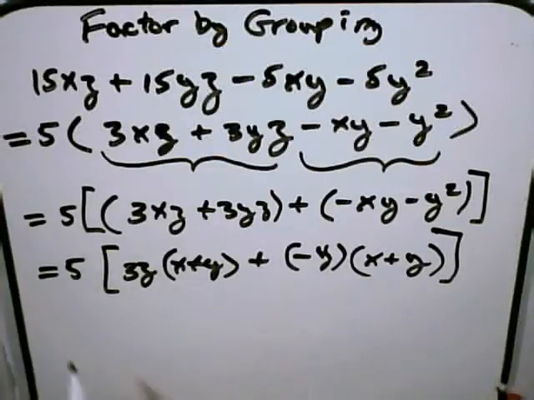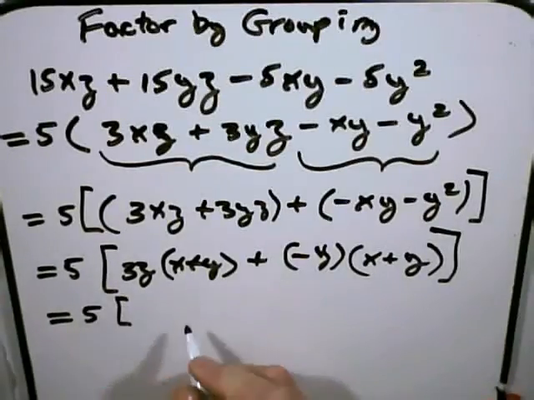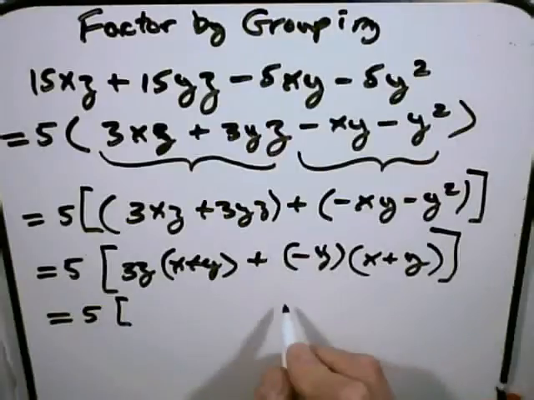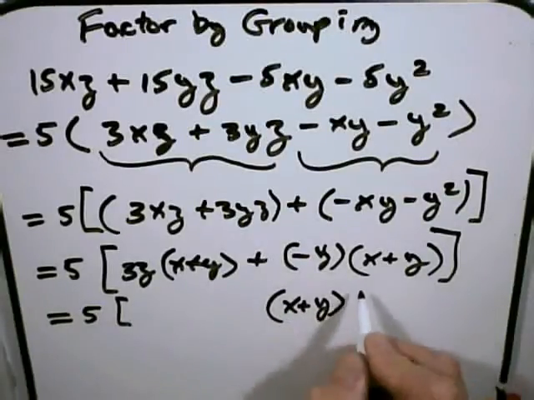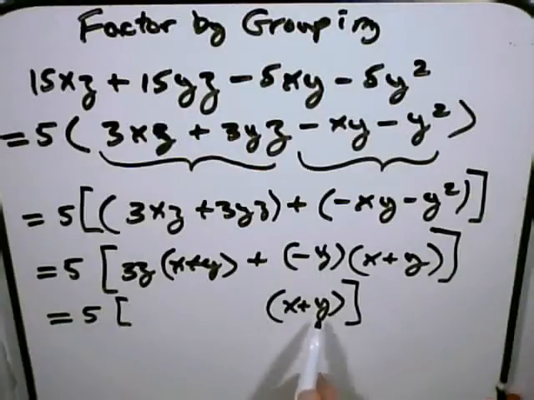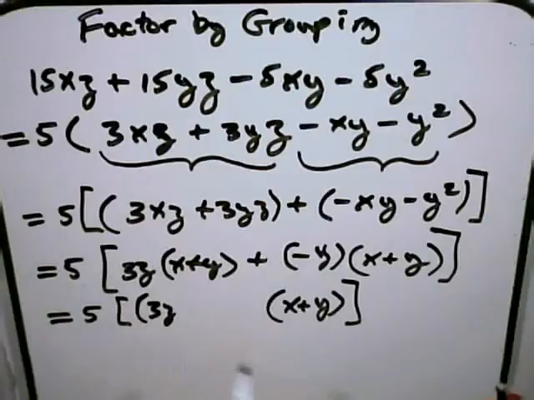I'm going to continue on doing my reverse distributive property, if you will. So it's going to be 5. I'm going to take out that x plus y. And what do I have left behind? Well, the x plus y was multiplied by a 3z, and it was multiplied by a negative y.